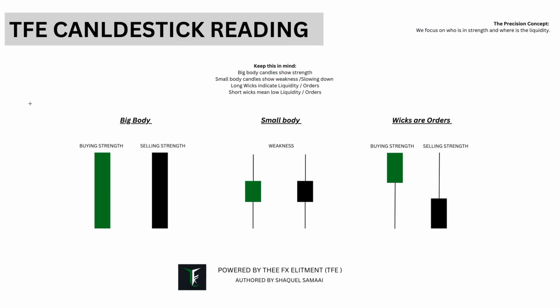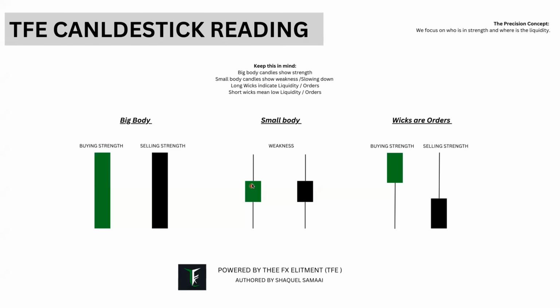Now, on a candlestick, there are different sections that we need to take note of. Very, very important. I'm going to use this little red highlight to show you guys what I'm talking about. Every candle has a body, which is this big thing.